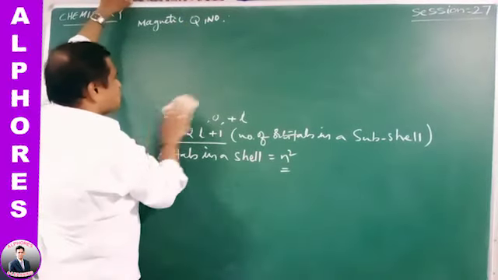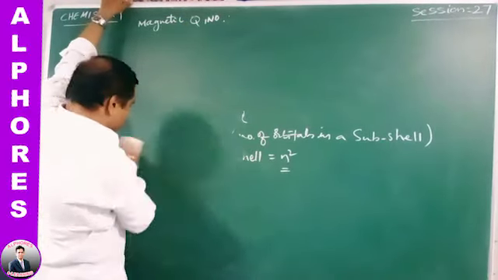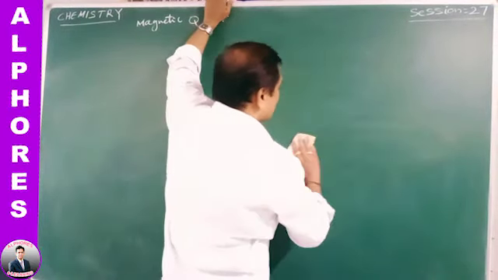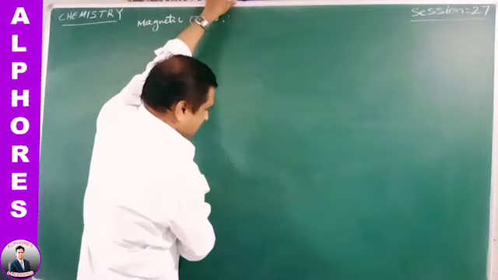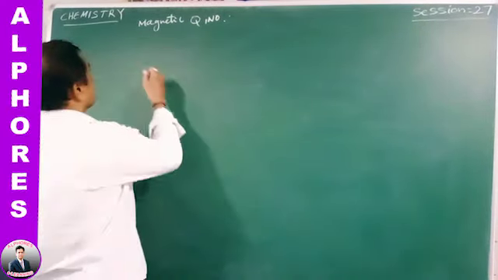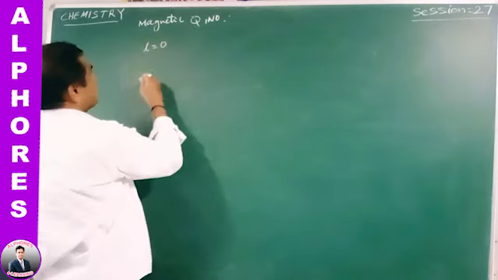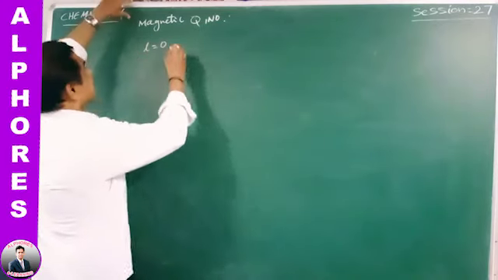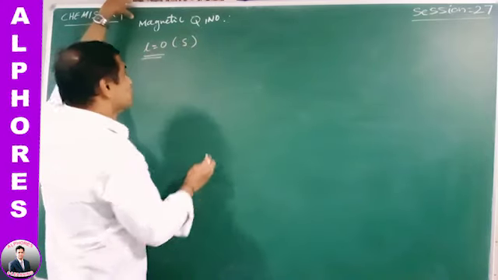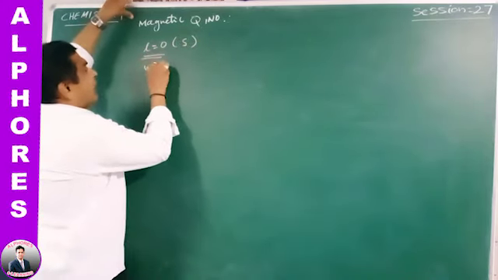Suppose L is equal to 0. Which subshell is it? When L is equal to 0, that is the S subshell. What is the possible M value?